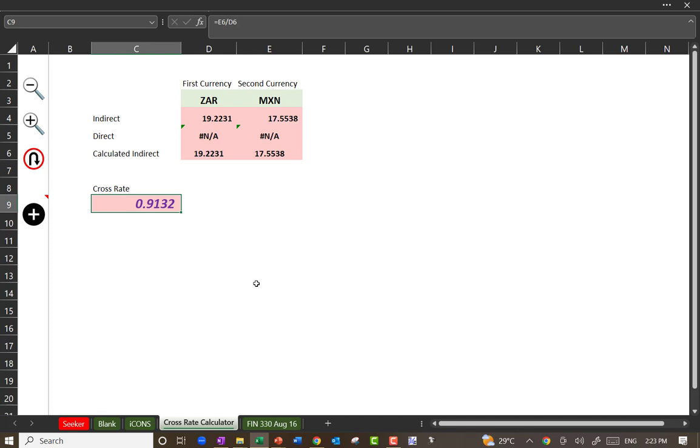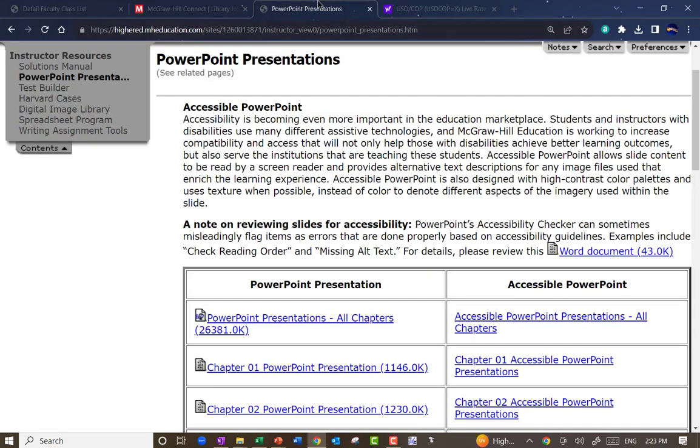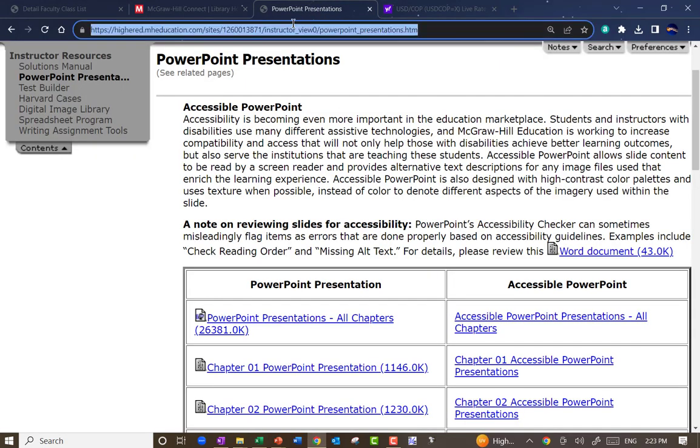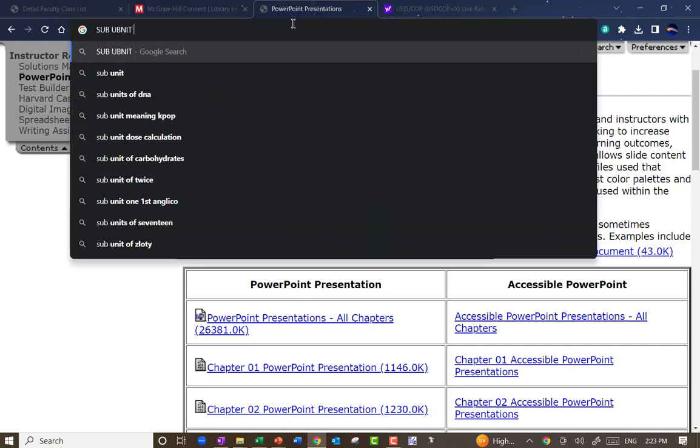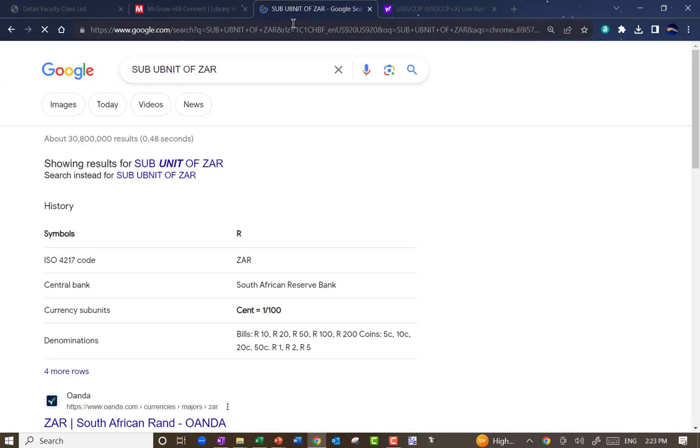Basically, if you give me one South African Rand, that's gonna get you 0.9132 Mexican peso, or 100 South African Rand is gonna get you 91.32. I don't know what the subunit of South African Rand is. Actually, we can find out. It's called a cent, okay.